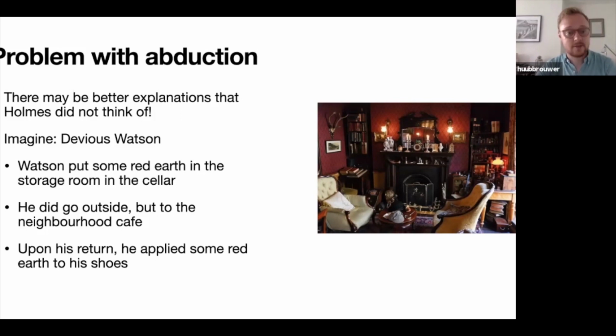And what he did was he collected some red earth from the street works going on in front of the post office and put it in a storage room in the cellar. He then did go outside that morning, but to a neighborhood cafe and drank coffee there. And upon his return, he applied some red earth to his shoes.